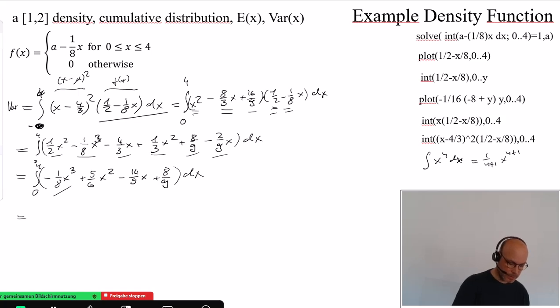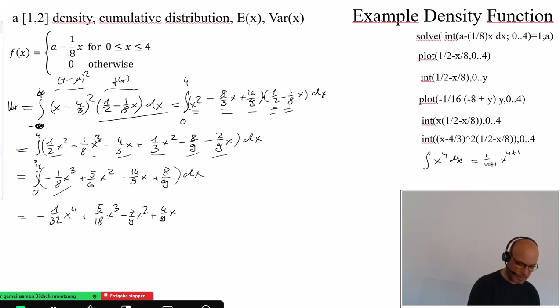So it would be then 1 over 4, so we obtain minus 1 over 32 x to the power of 4. Here it is 1 over 3, so plus 5 over 18 x to the power of 3 minus 7 over 9 x squared and plus 4 over 9 x within the limits of 0 to 4.